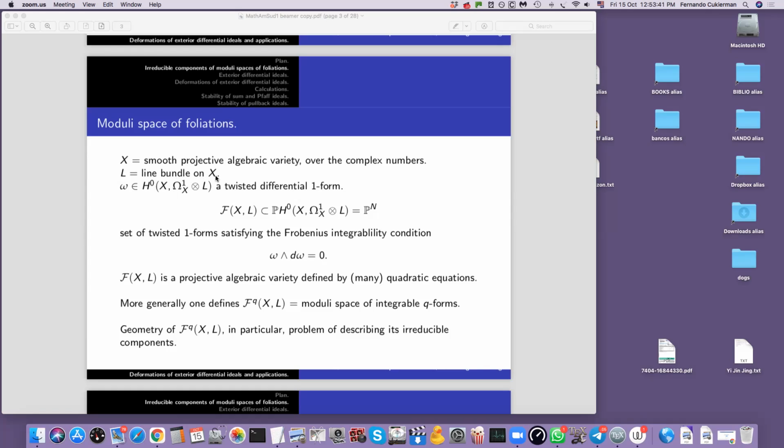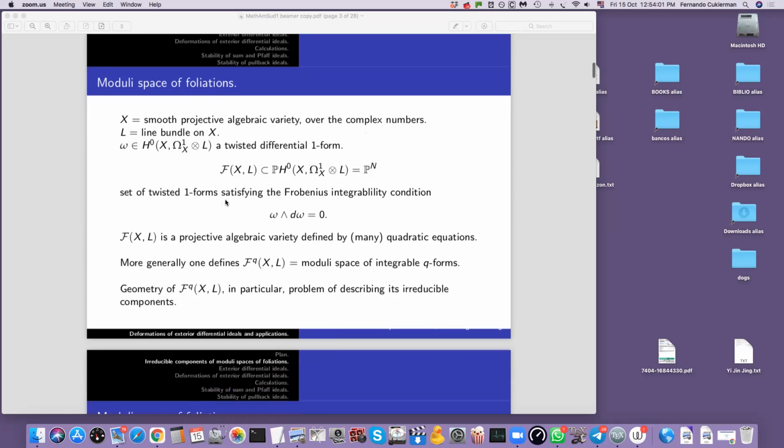L is a line bundle on X, and we will take a 1-form on X, a twisted 1-form, because it's a section of omega 1 twisted by this line bundle. We consider the space of all these differential forms projectivized. This is a big projective space, which I call P^N.